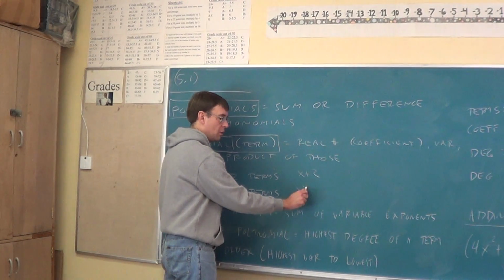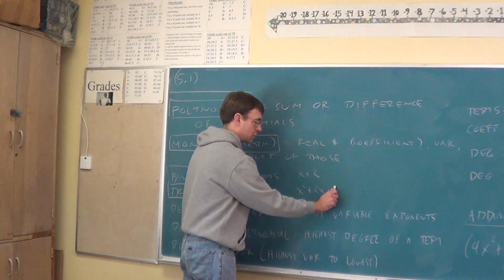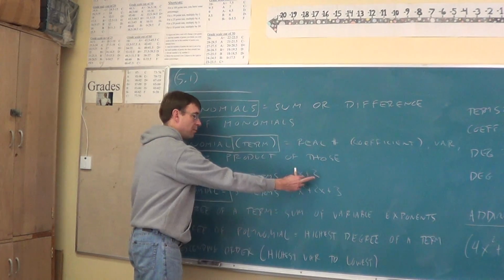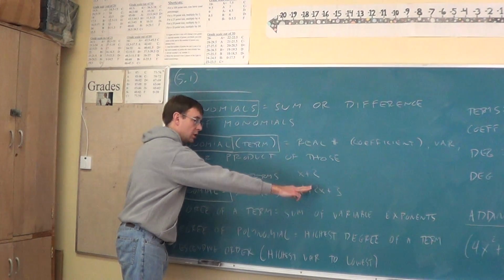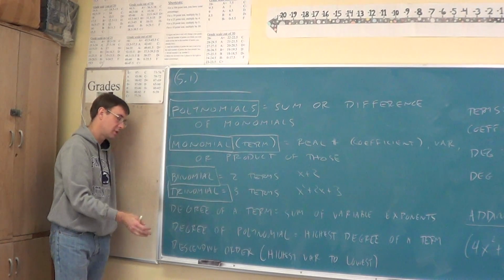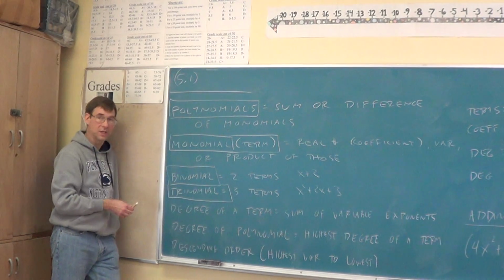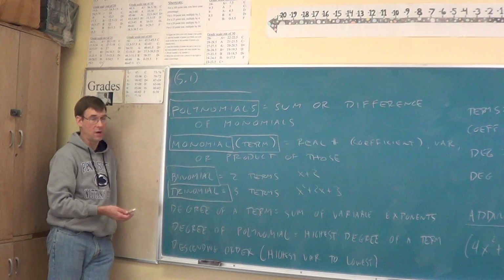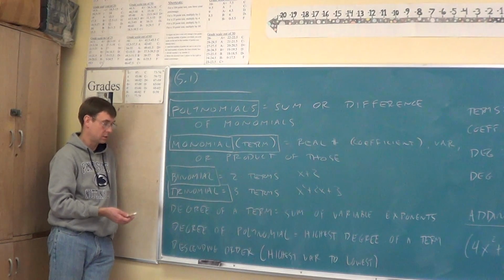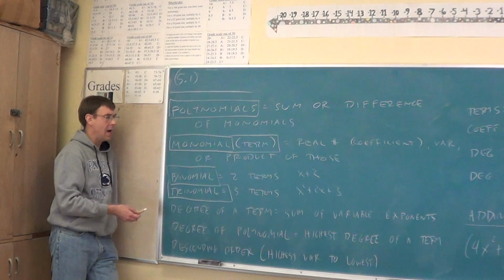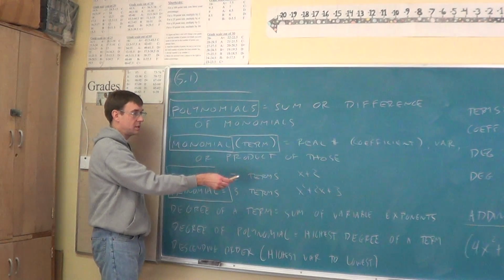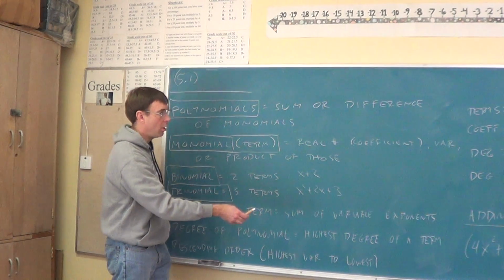A trinomial might be like x squared plus 2x plus 3. And binomials have 2 terms, trinomials have 3 terms. That shouldn't shock you because tri is a prefix that always means 3, like triangle or a million other words that start with tri. But all of these would be examples of polynomials.